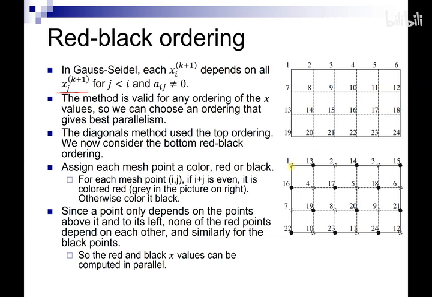So this is the first red point, that's the second, that's the third, 4, 5, and so on. Those are all the red points, and we're going to order all the red points before all of the black points. Here there are 24 points in total, so we're going to order 12 red points, and then we're going to have these black points, 13, 14.